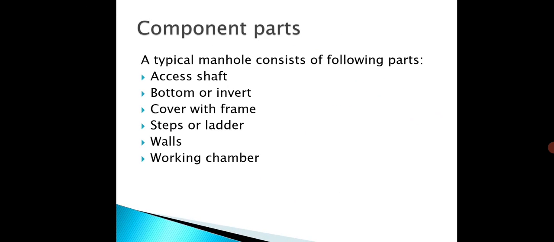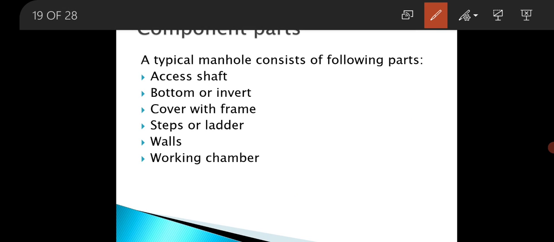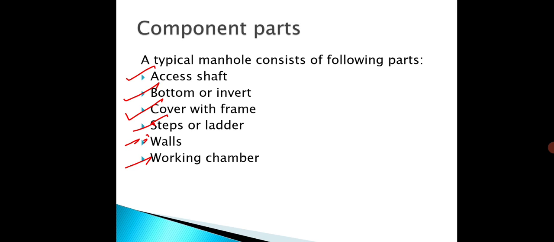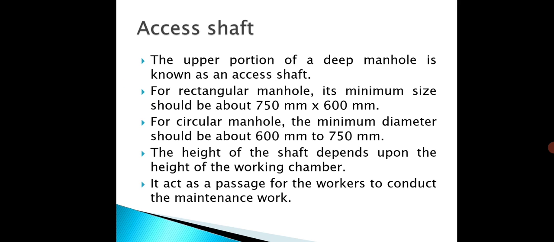So then we will discuss about the component parts. A typical manhole consists of following parts: access shaft, bottom or invert, cover with frame, steps or ladder, walls and working chamber. So first one is access shaft.